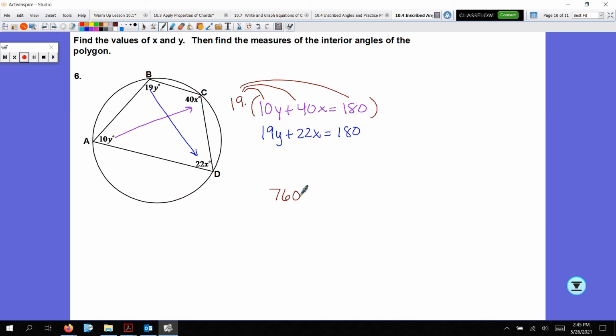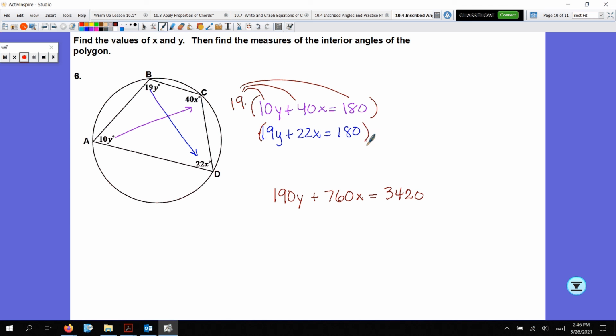That's going to give me, on my paper, I have my x term first. So it's going to give me 190y plus 760x equals 19 times 180, which is 3,420. Now I'm going to multiply the second equation by what?